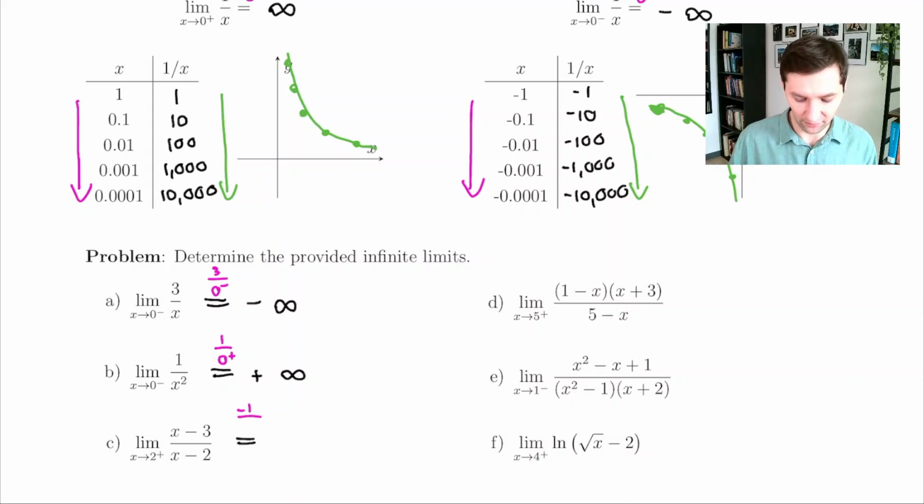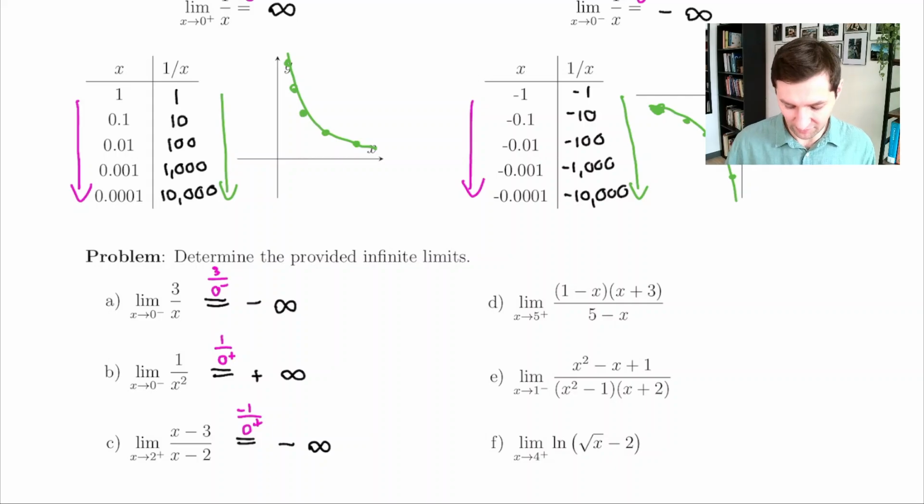The denominator, as I'm using numbers slightly bigger than 2, let's say 2.1, gets closer and closer to 0, but is positive. 2.1 minus 2 is 0.1. So the numbers in the denominator are positive, but close to 0. So I get a negative number divided by a positive number. That gives me negative. And I'm dividing by numbers closer and closer to 0, which gives me infinity. So I get negative infinity as my answer.